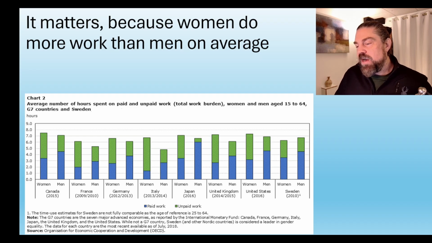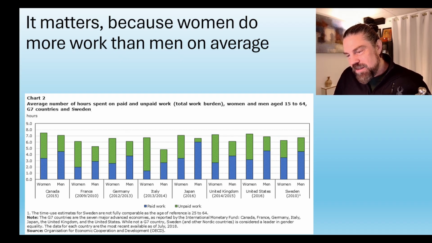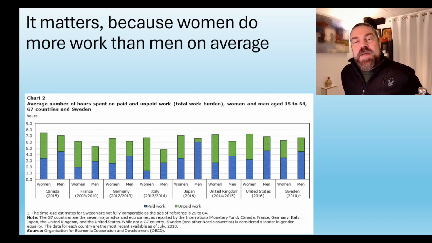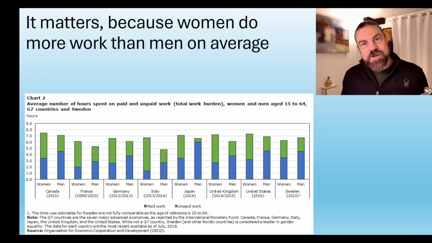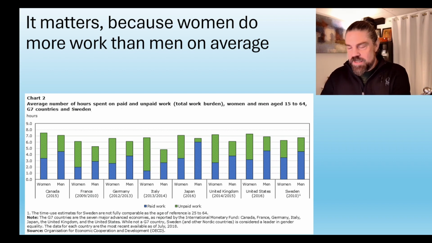And the amount of unpaid work, yes, women do a little bit more unpaid work as a proportion than men, but it's not nearly as pronounced a difference as it is in these other countries. Look at the United States right beside it. Women do a lot more unpaid work in the United States compared to men, but in Sweden it's pretty close, pretty equal.